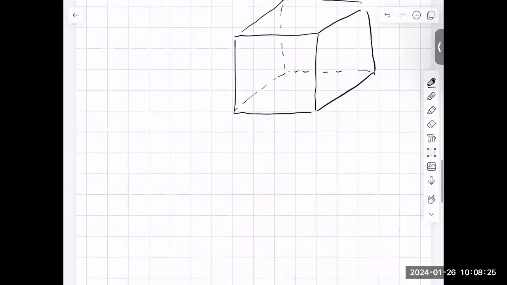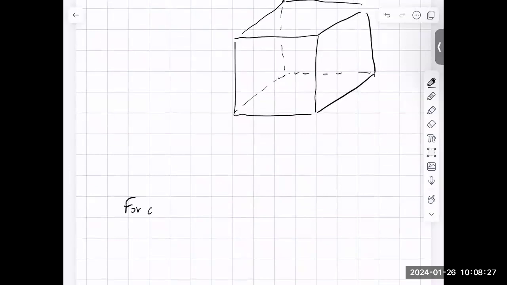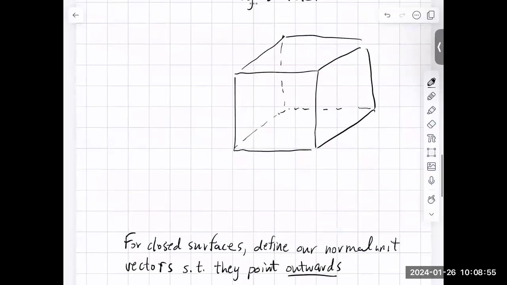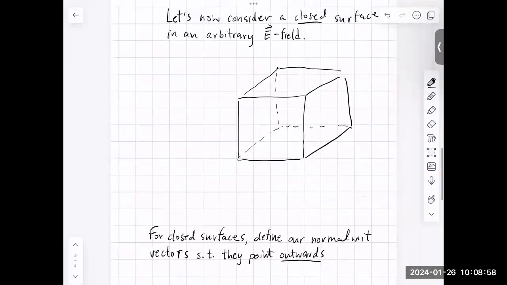Okay, so for closed surfaces, we define our normal unit vectors such that they point outwards. Okay, and so I'm going to draw that for the closed surface that we have here for our cube.